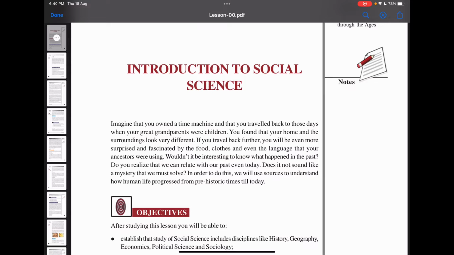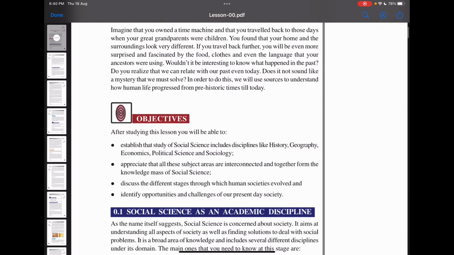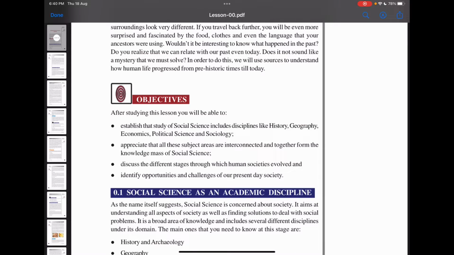In order to do this, we will use sources to understand how human life progressed from prehistory till today. The objective of this chapter 0 is, after studying this lesson, you will be able to establish the study of social science.